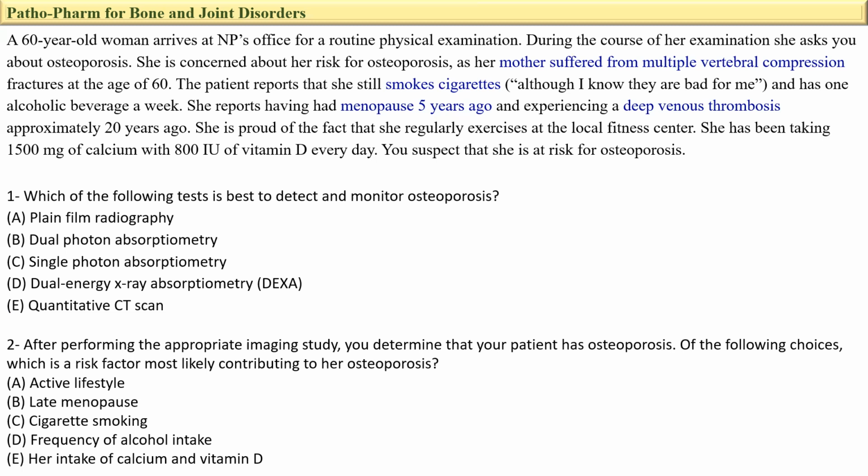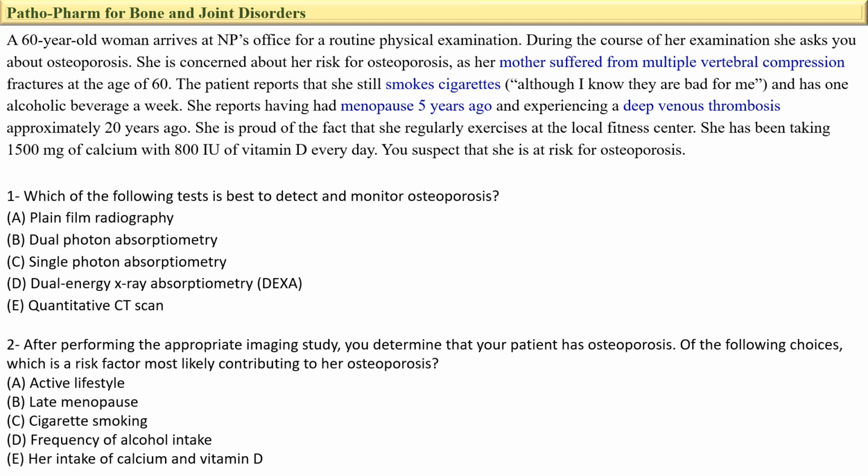Like the CT, for example, it will expose the patient to significantly more radiation, with no need for that. It also increases cost and is more expensive than DEXA. All the differences between these diagnostic modalities will be discussed in detail in adult health 3.